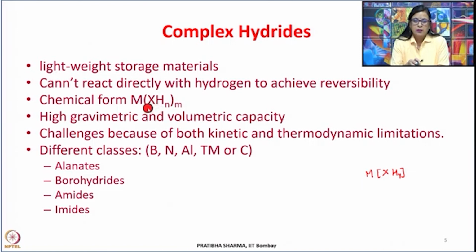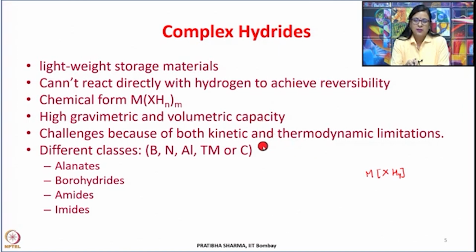So this class of materials has several advantages when it comes to the capacity of storage of hydrogen, but then there are several challenges as well. The challenges are in terms of both kinetics and thermodynamic limitation. They have sluggish kinetics, and at the same time the temperatures at which they desorb hydrogen are appreciably higher. The reversibility of these complex hydrides is another major challenge.